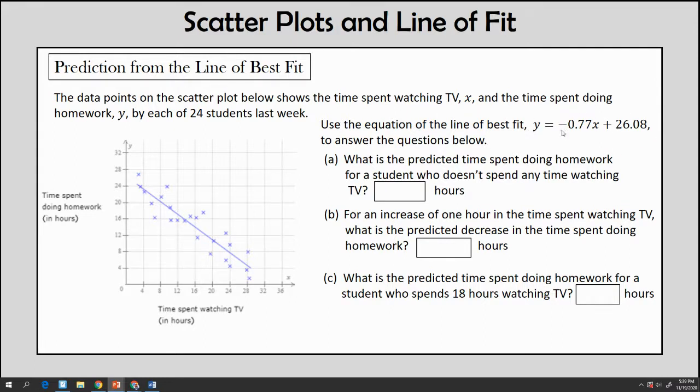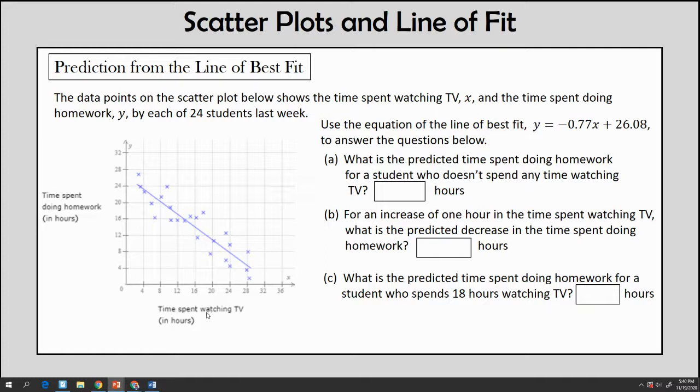Notice that my slope here is negative 0.77. We're going down, right? Negative slope. The predicted y-intercept is right here at 26.08. So if I bring this line up to where it hits the y-axis, it's going to hit at about 26.08. So let's answer some questions. What is the predicted time spent doing homework for a student who doesn't spend any time watching TV?